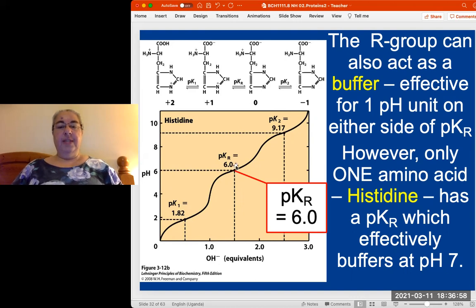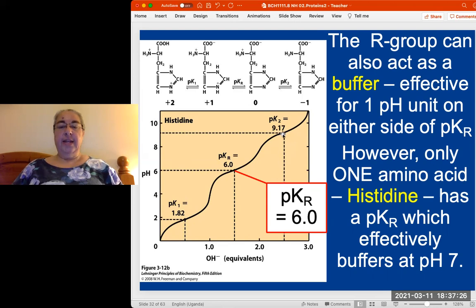And remember that we said that amino acids can buffer approximately 1 pH unit on either side of their pKr. Okay, so pH 6 just about allows buffering at pH 7, at neutral pH, at biological pH, if you like.